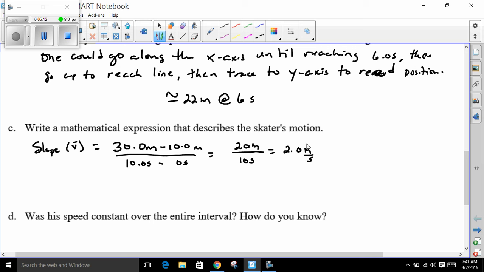We also know, here's our slope, or m. We can also look at the graph and get b is equal to 10, which is the starting point.